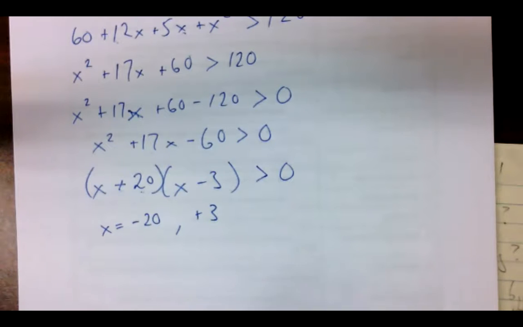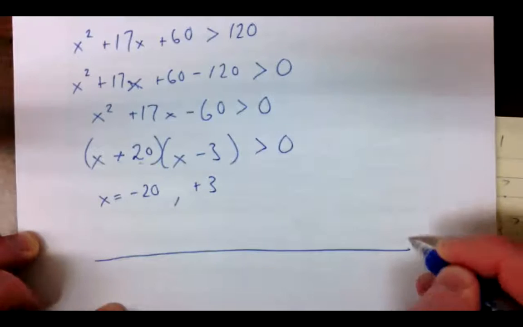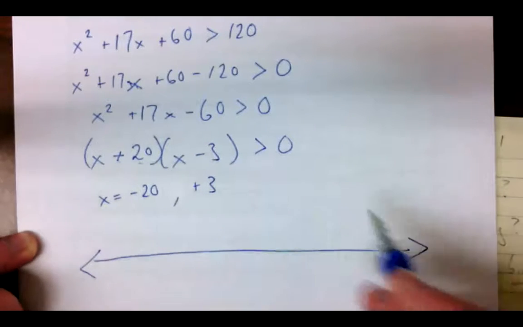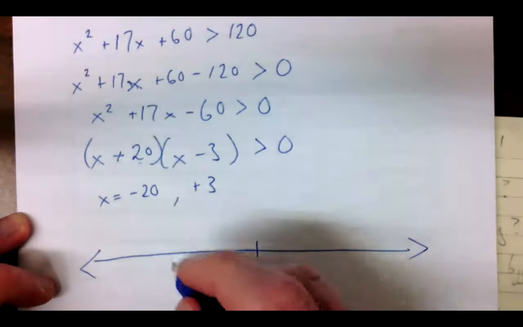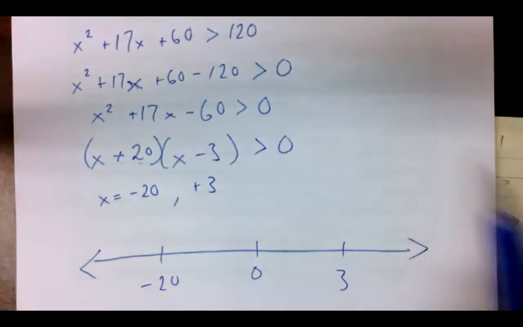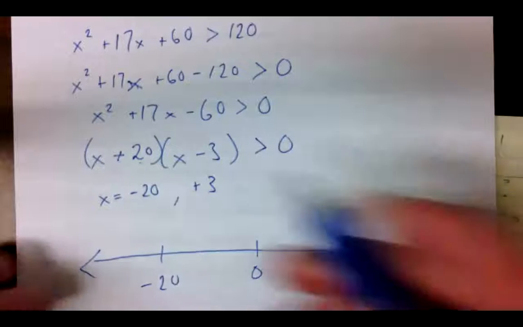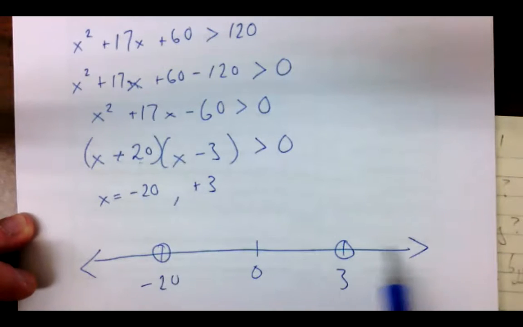And you can also, by the way, check this with your number line. These are our critical points. I'm just going to make this real simple. This is negative 20. This is 3. These are not equal to. So is the range here or is the range above 3?